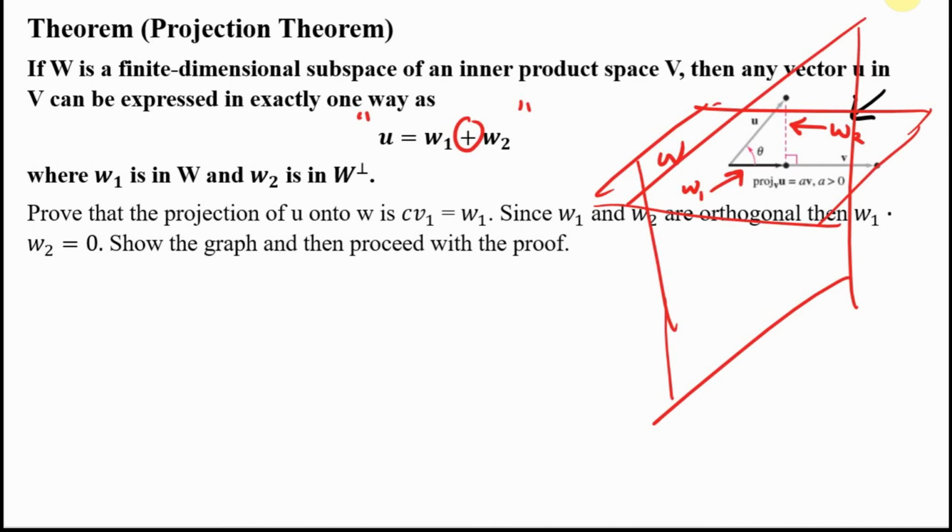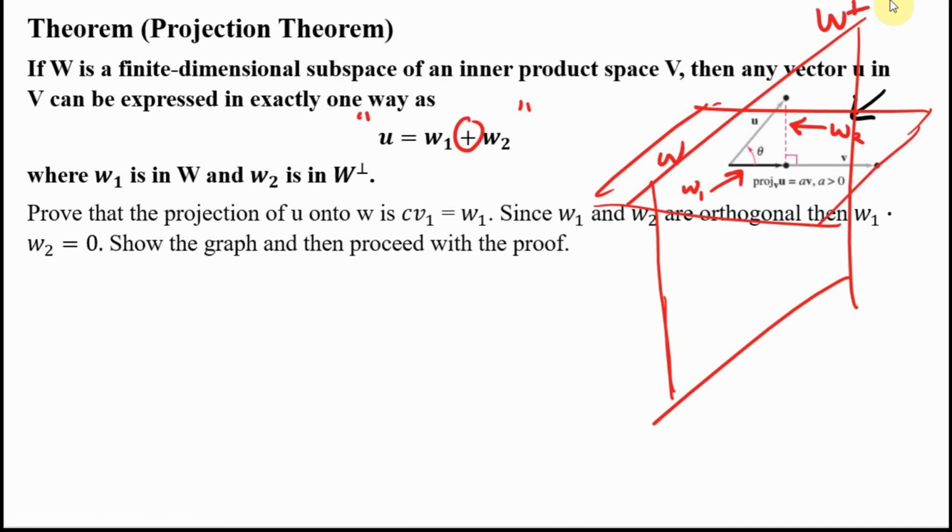So this guy is in the perpendicular. Well, W2 is in there, but that's the perpendicular, or the orthogonal complement.